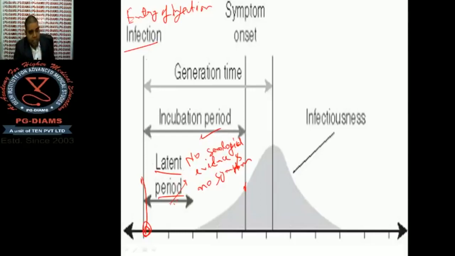But what will be the generation time? Generation time is the difference between entry of infection to maximum infectivity.